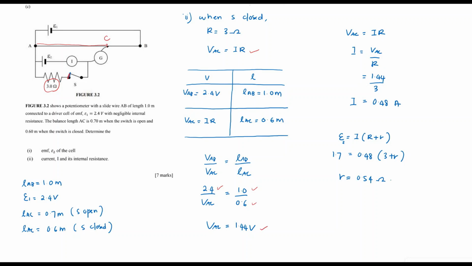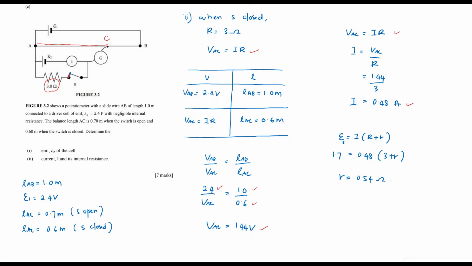Since we know that VAC equal to IR, so I equal to VAC over R. So substitute the value for VAC 1.44 and R is 3 ohm. Calculate and we get I equal to 0.48 ampere.